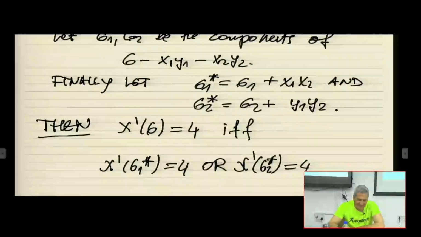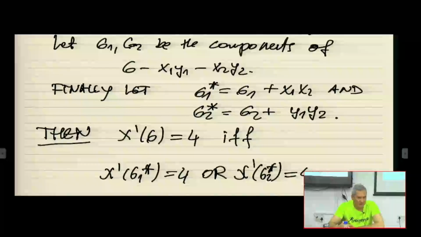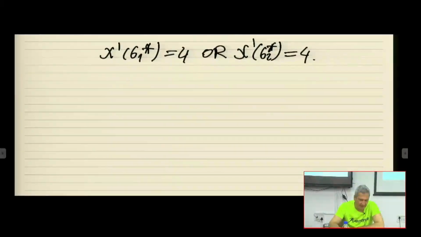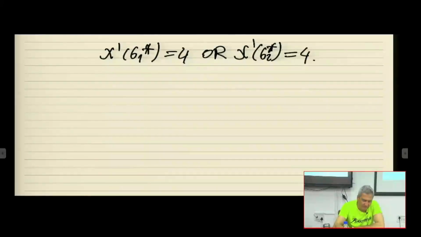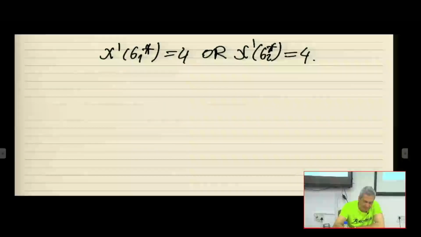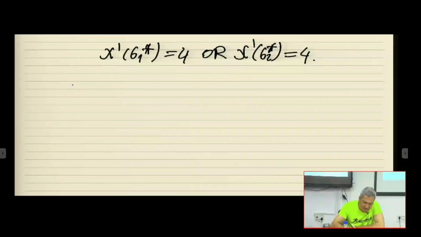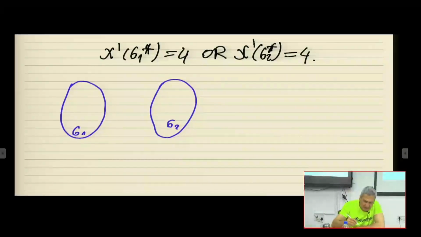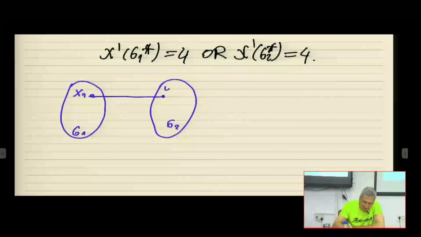I will draw it. I will illustrate now. Look. I will draw it now. It is something like, maybe I use some other color. This is G1, this is G2, and then we have X1, Y1, X2, Y2.